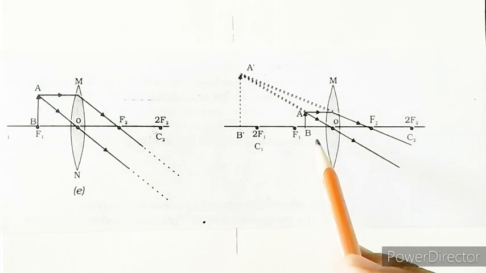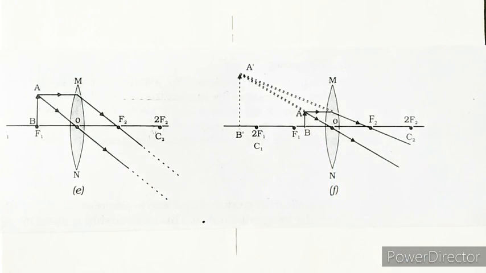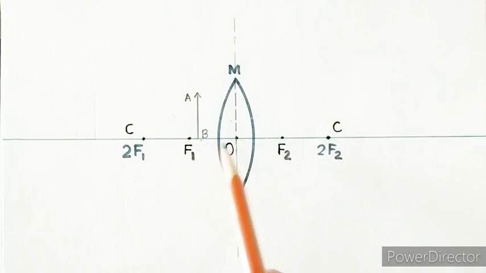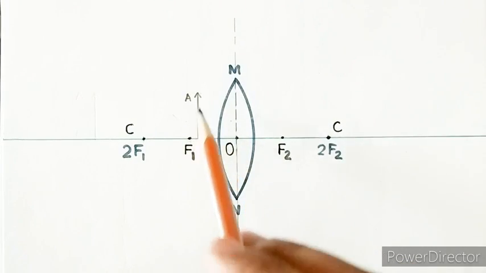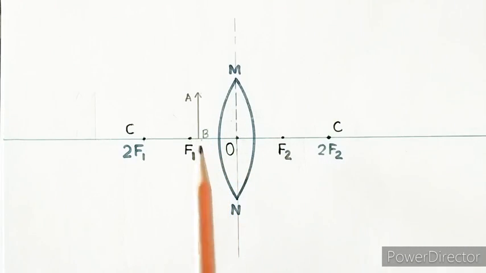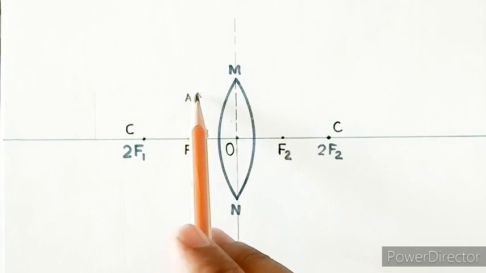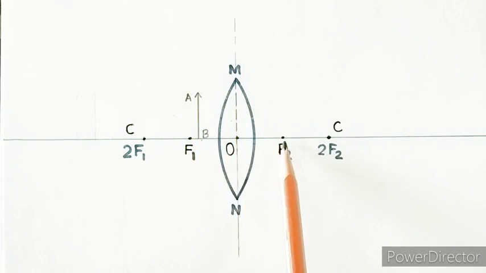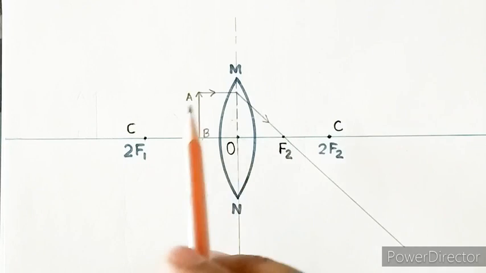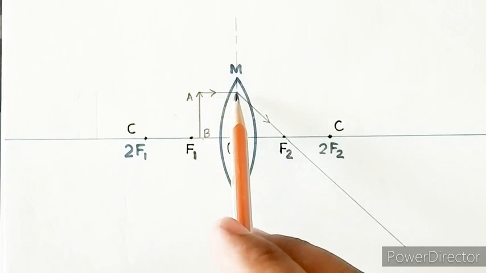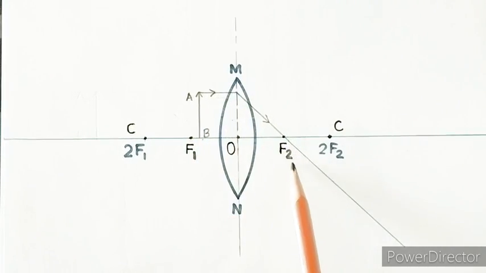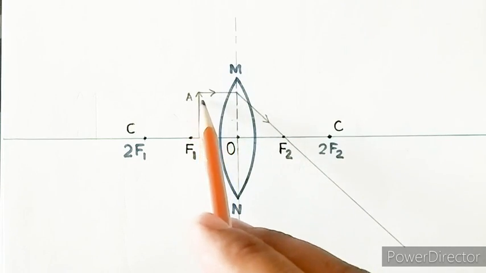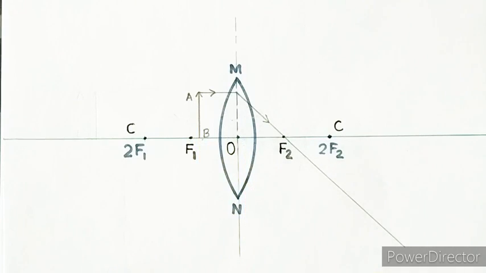Now this next position, let us draw this one. The object is kept between optical center and F1. This is the object. First let's draw a ray of light parallel to principal axis. After refraction it will pass through F2. Now let's draw another one passing through the optical center.